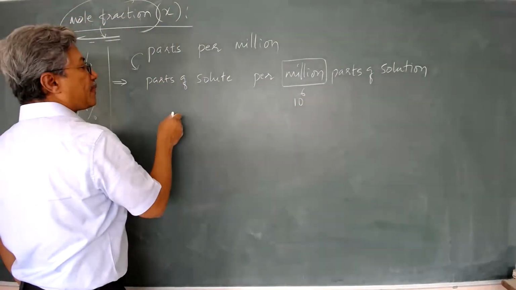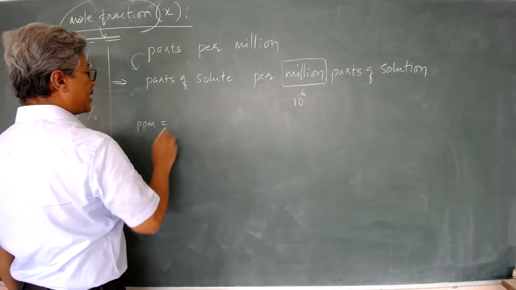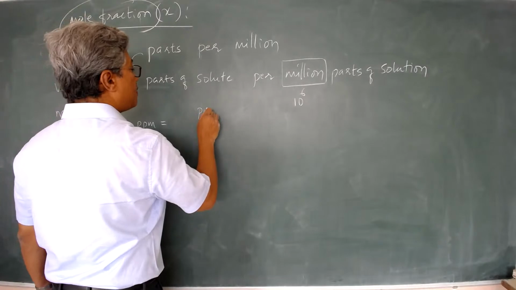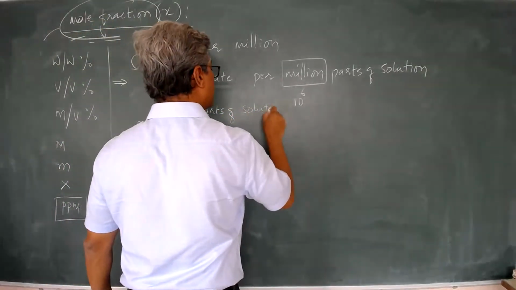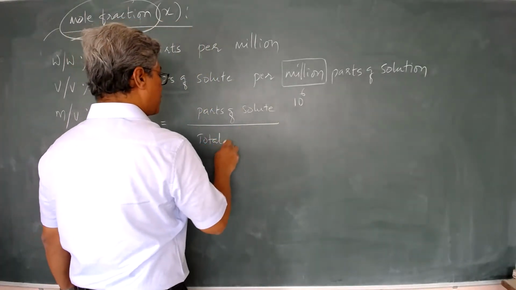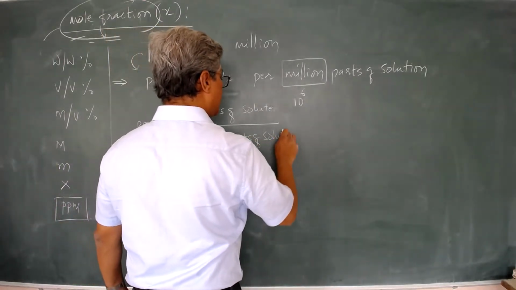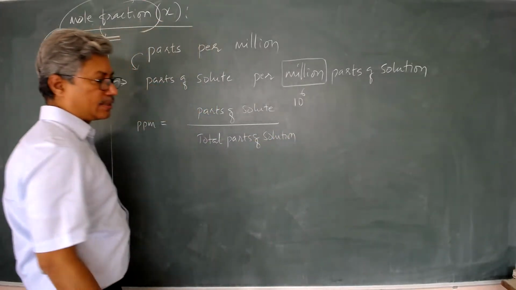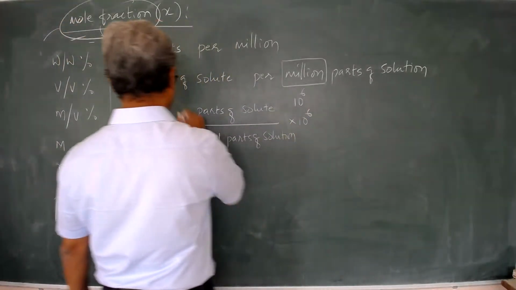Okay. Then here ppm can therefore be regarded as parts of solute divided by the total parts of all the solvents put together, that is the solution, into 10 raised to 6.